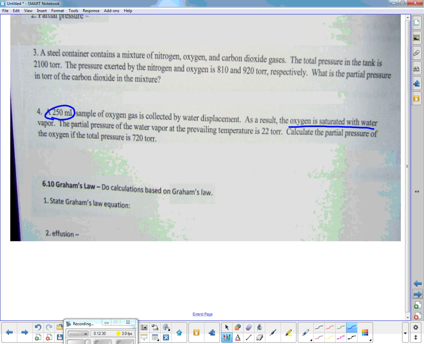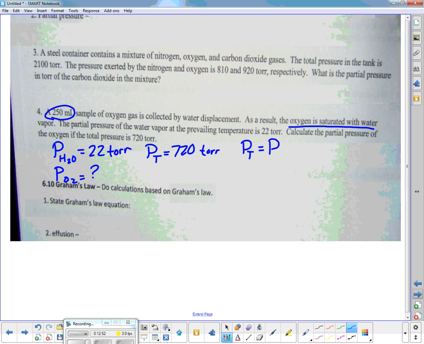The partial pressure of water vapor is equal to 22 torr. Calculate the partial pressure of oxygen if the total pressure equals 720 torr. Well, I know pressure total is going to equal pressure of water plus the pressure of oxygen.